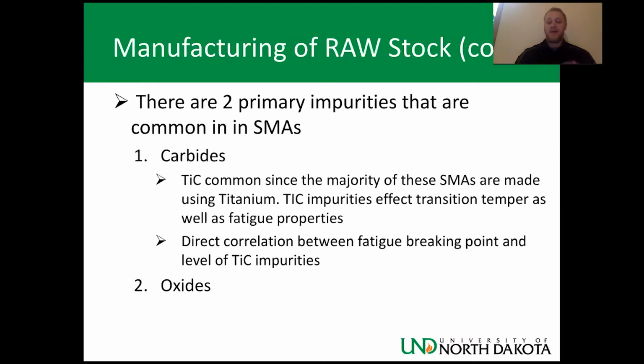These impurities are detrimental to the fatigue properties, and there's been a direct correlation found between the fatigue breaking point and the level of these TiC impurities. So we want to eliminate those as much as possible. And as I said earlier, we also have oxides that we have to try to account for. And this again begins in the melting process.